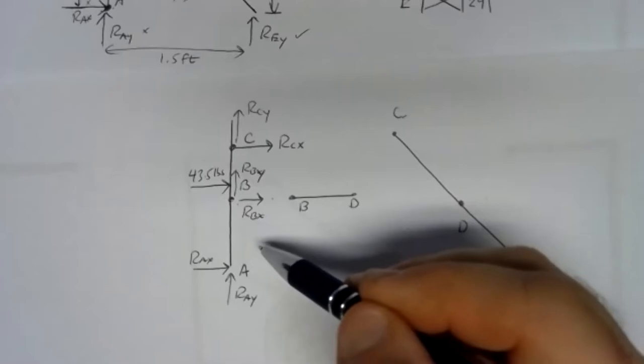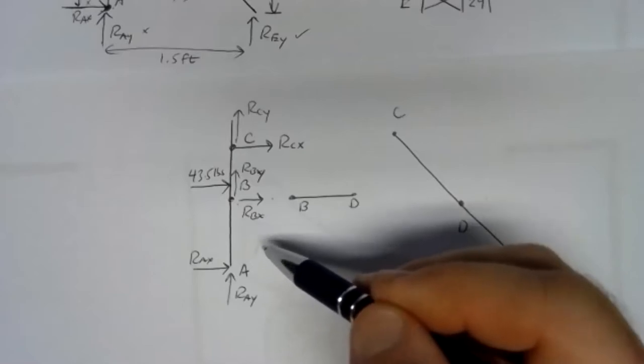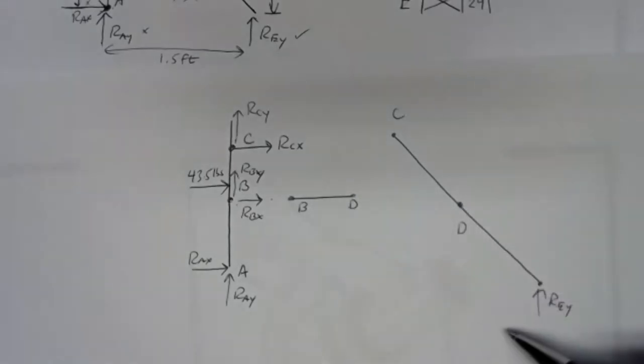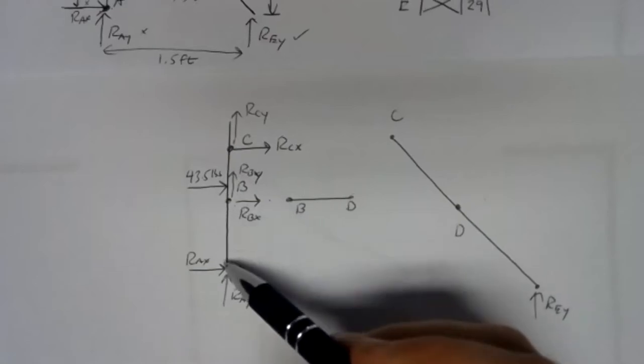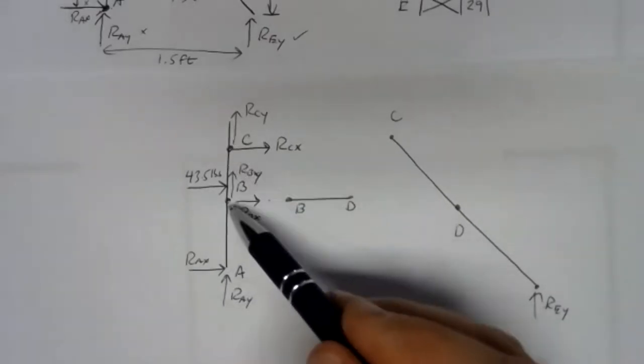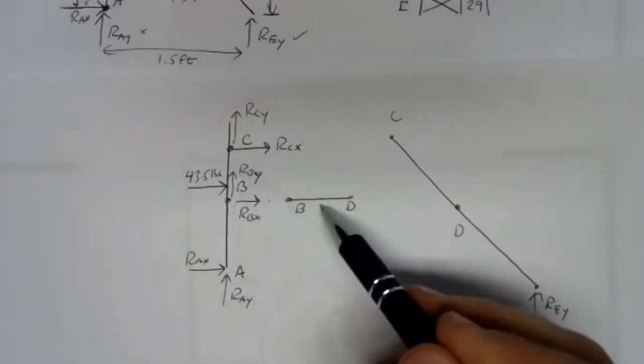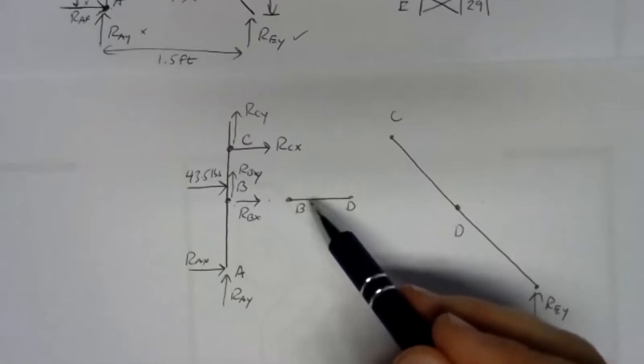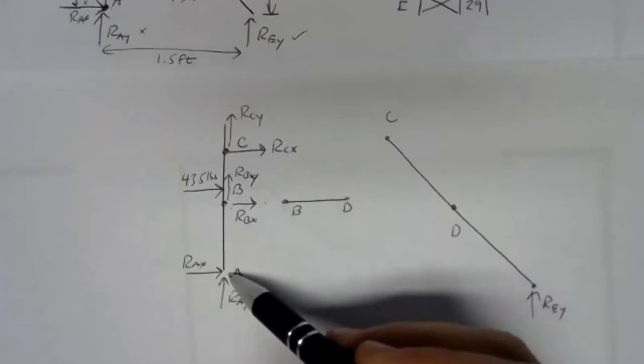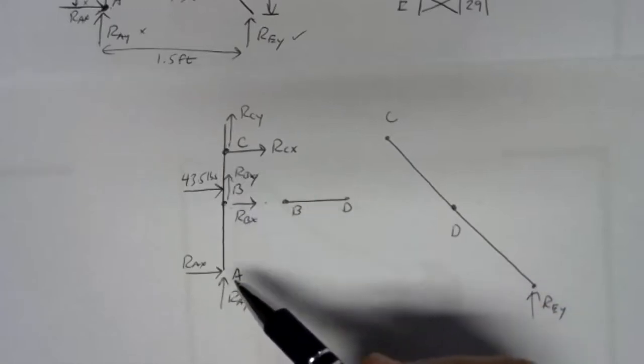The reason for that is the second time I see them, wherever I happen to see them in another member, I've got to take into account Newton's third law. Newton's third law says that for every action, there's an equal but opposite reaction. The force that member AC feels at joint B from member BD is going to be equal and opposite to the force that member BD feels at joint B from member AC.